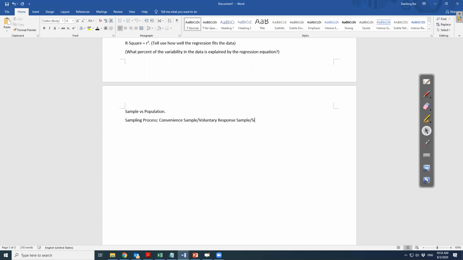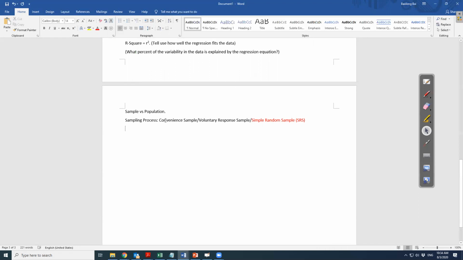And then simple random sample. Okay, so simple random sample, that's what we focus on. We even have a table made for it, right? Called a random digits table. So please learn how to use the random digits table as well.